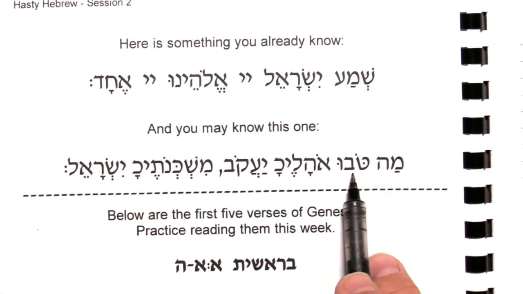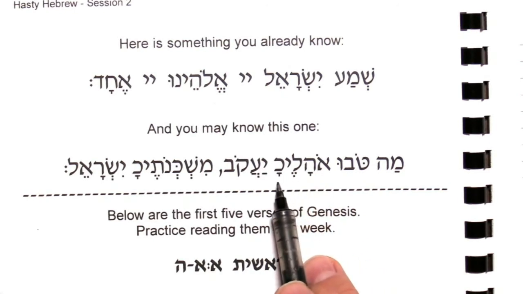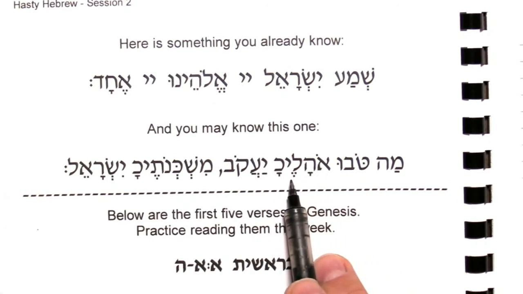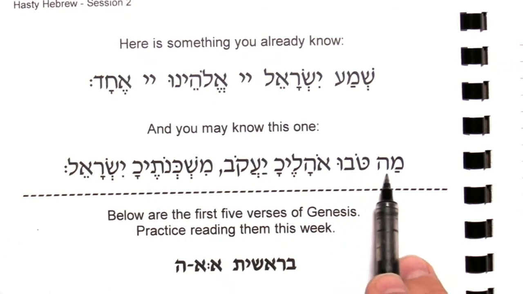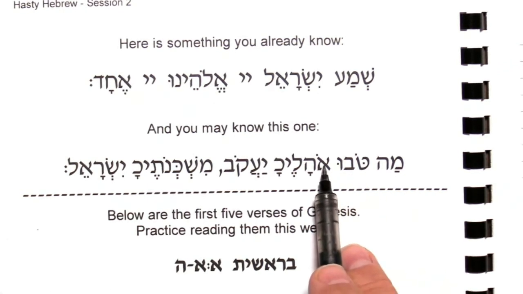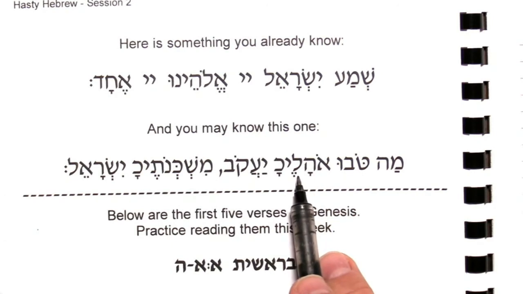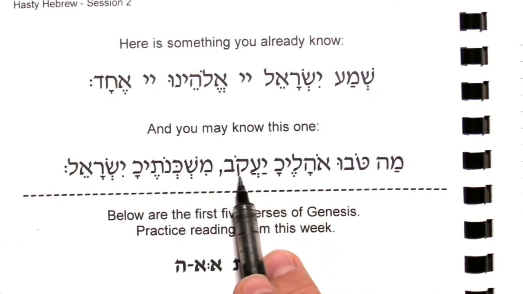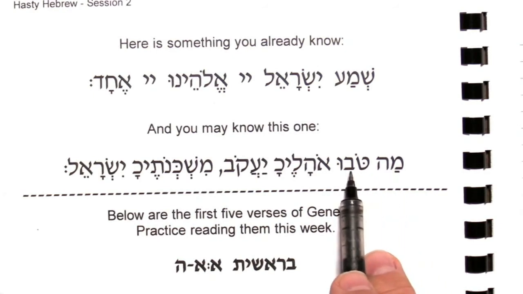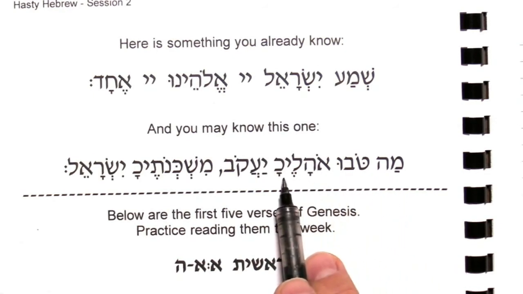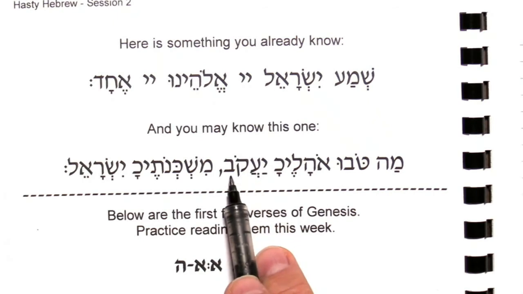Ohalecha. Ma Tovu Ohalecha. Remember, Ohel is a tent. How goodly. Tov is good. Ma Tovu, how good. Ohalecha, your tents. Whose tents? Yaakov, Jacob's. How good or how lovely are your ohalecha, your tents, O Jacob.